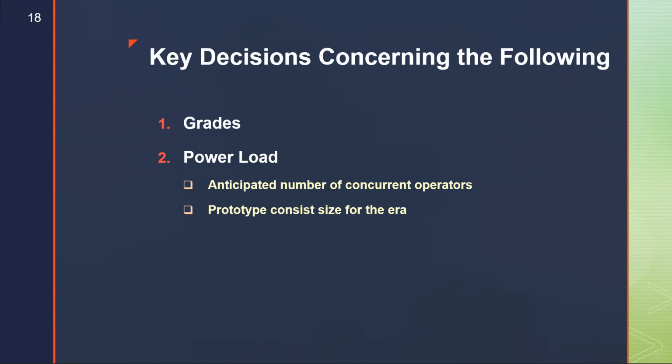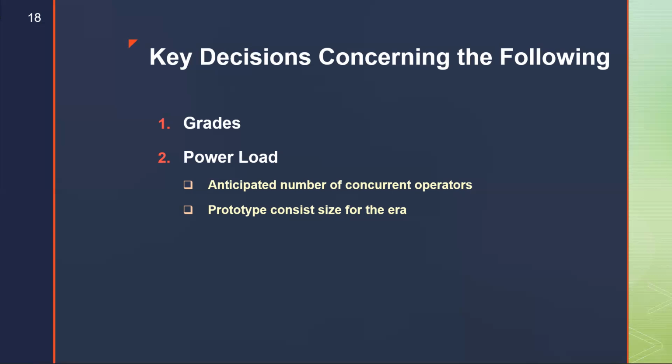Power load, I read something somewhere probably early on my return to Canada, but before I started any construction, and it just seemed to me that if I'm going to have a number of different operators moving trains around the layout, I better make sure that I don't run into some of the problems that I was reading about. And I've not experienced it, thank goodness. But from what I've read, if you don't have enough power where you need it, when you need it, you can have short circuits, of course, if you don't have breakers that shut down your whole layout.